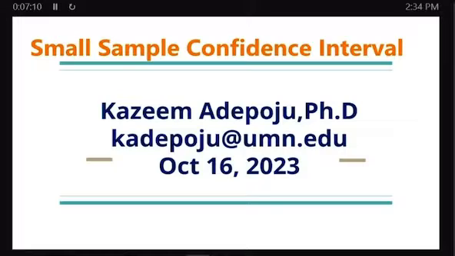Let me tell you this. The ideal situation is to have a large sample size, but let me also tell you this. It is not a good idea if your sample size is excessive. I'm going to say this again. Even though when the sample size increases, okay, there's a lot of benefit, right?